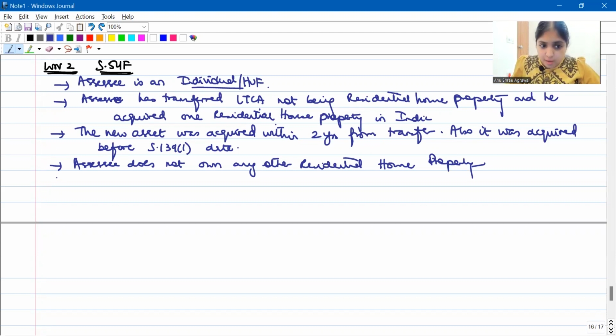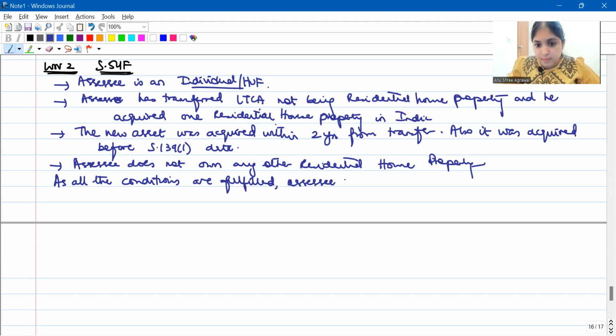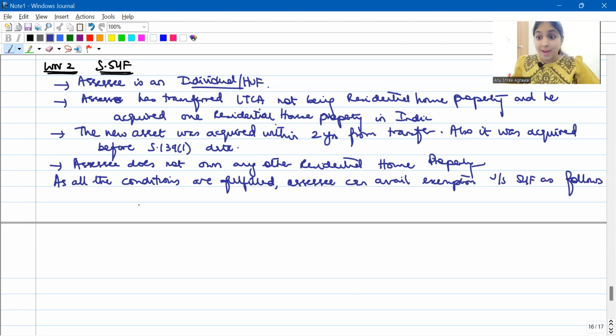Yes, so write down as all the conditions are fulfilled, assessee can avail exemption. Assessee can avail exemption under Section 54F as follows. Now, I straight away can't claim the exemption. Do you remember we have a formula? Right? What is the formula? What's the basis for the formula?